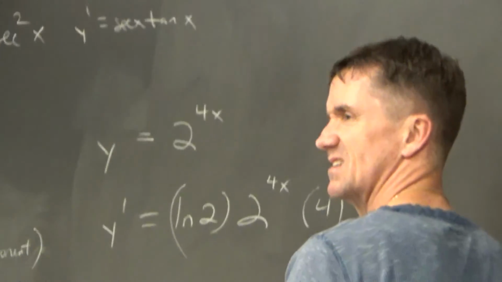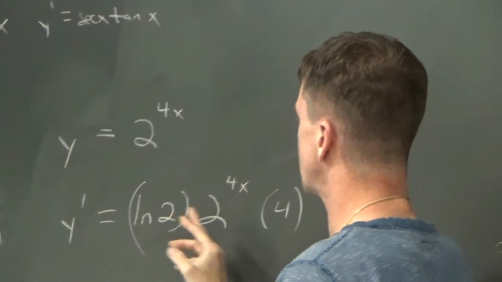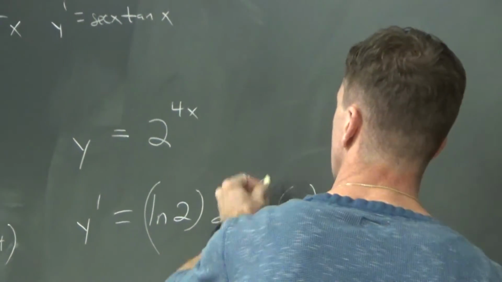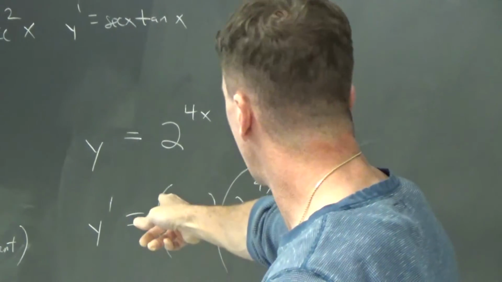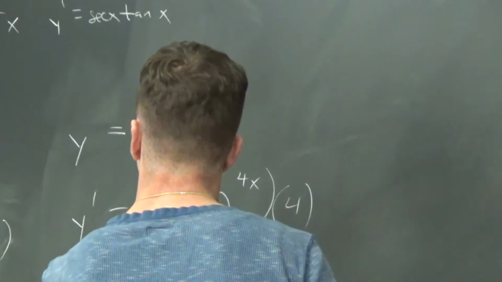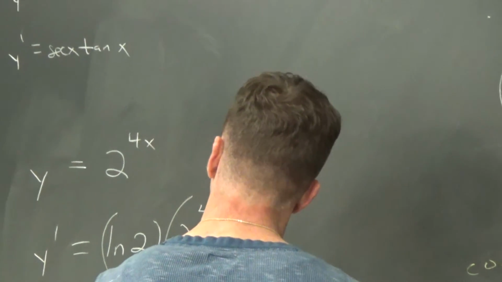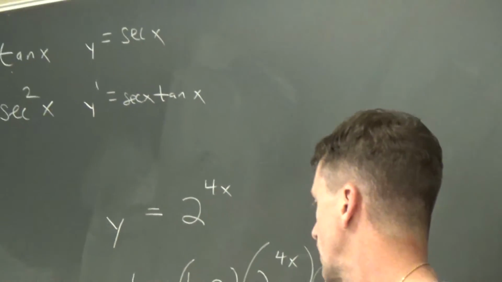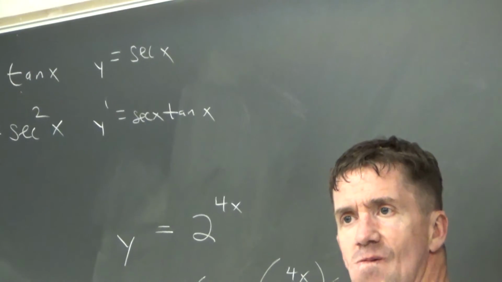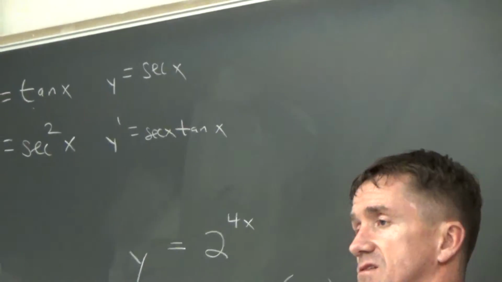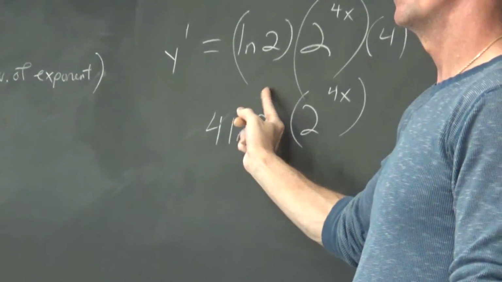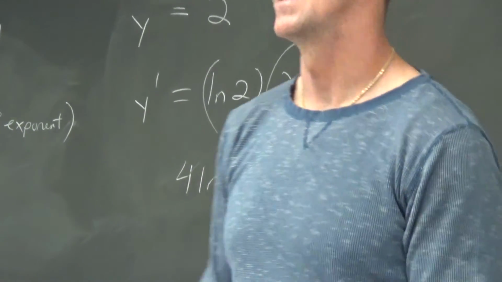And now all we have to do, that's your little g there. Well, what's the derivative of 4x? Just up. Did anyone say? It's ln of 2 times 2 to the 4x times a 4. If you want to put the 4 ln 2 in front, you can. You may know a way to simplify that if you wanted to. 4 natural log. Can I move that up here? Yeah, you can write that as natural log 16 if you want. 2 to the 4th. Put 4 ln 2 is fine. I'd leave it like that.